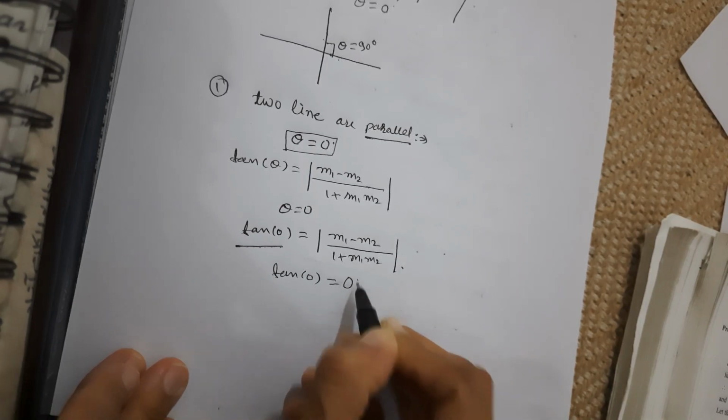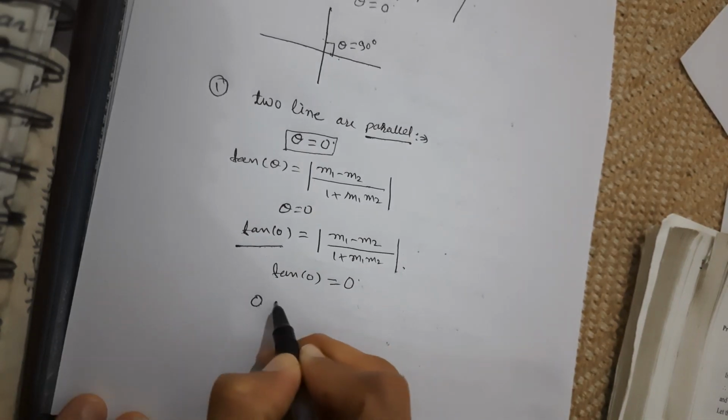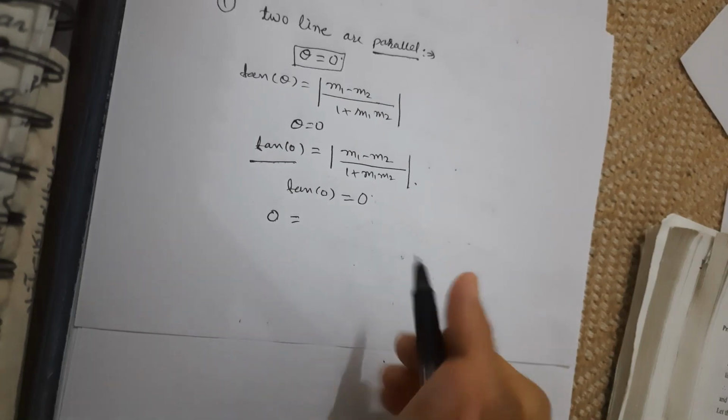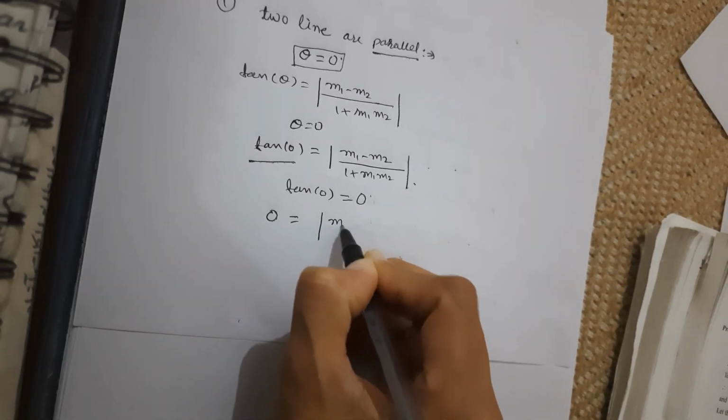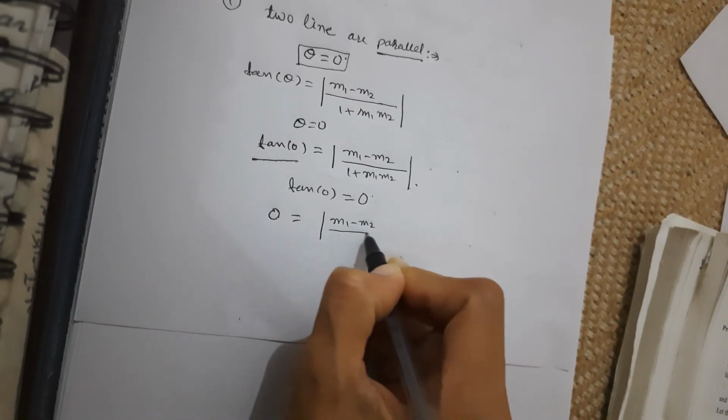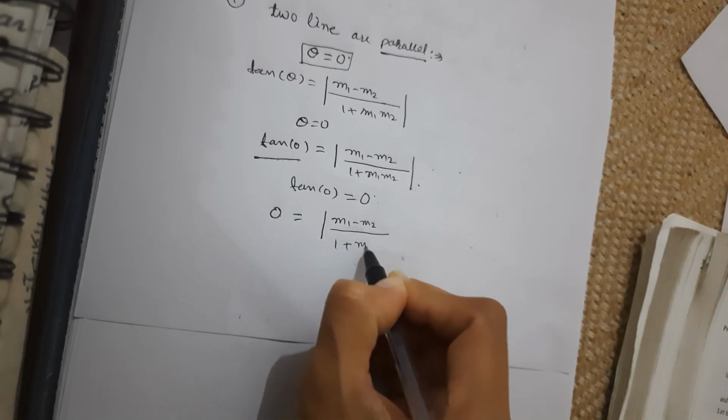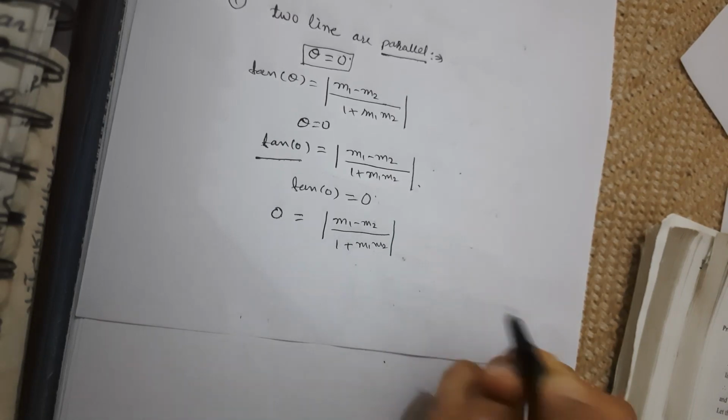Tan 0 is equal to 0, so this side becomes 0 equal to (M1 minus M2) upon (1 plus M1 into M2).